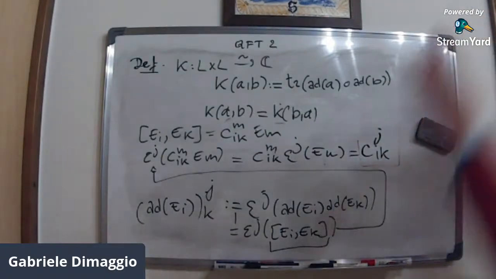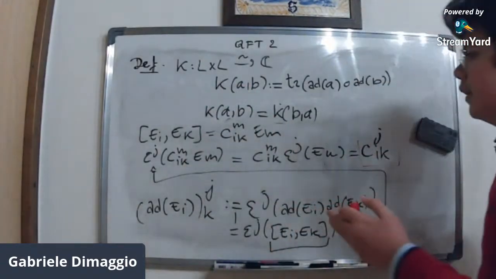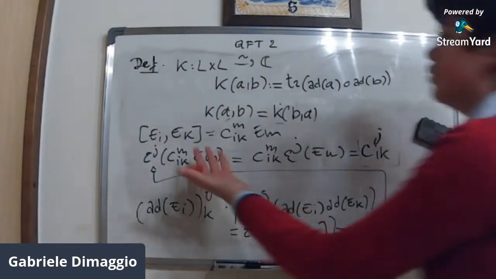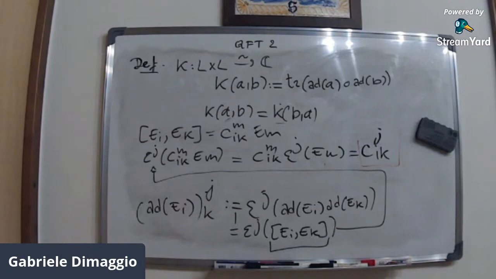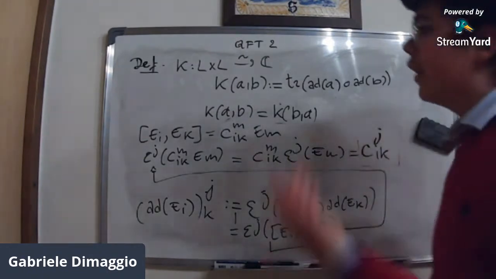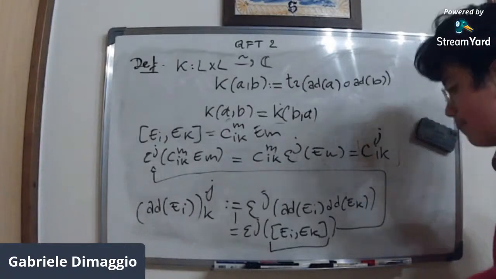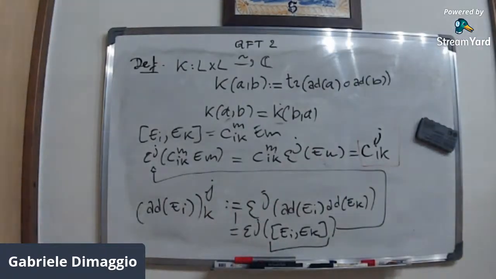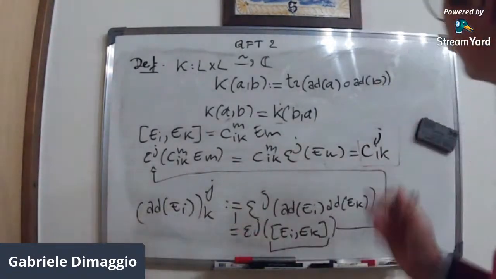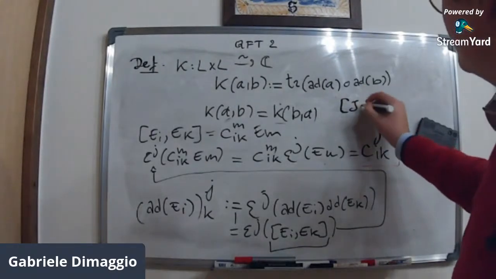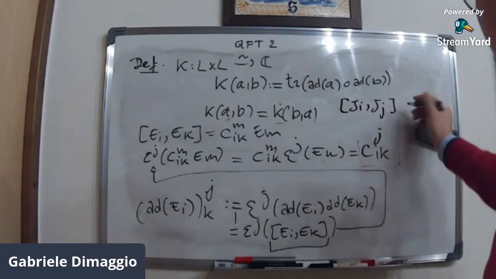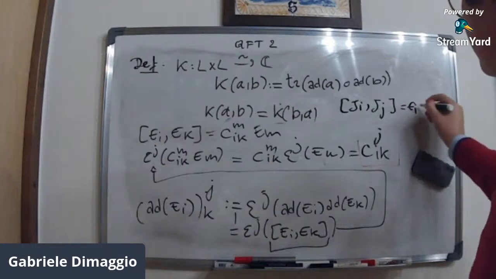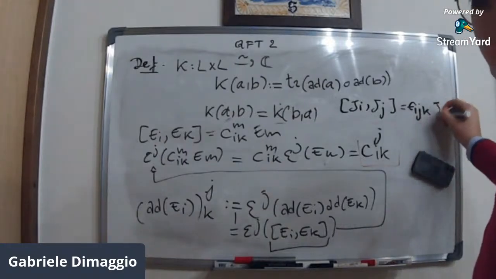The calculation of the components of the adjoint map allows me to introduce the structure constants of a Lie algebra. So when in the future we meet a particular commutator between two vectors, for example, the most important case in physics, the SO(3) group, the special orthogonal group in three dimensions, I have the commutator between the generators, which are the angular momentum, and here I have the Levi-Civita symbol, epsilon_ijk J_k.